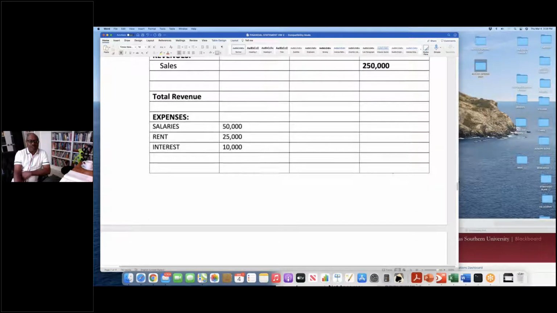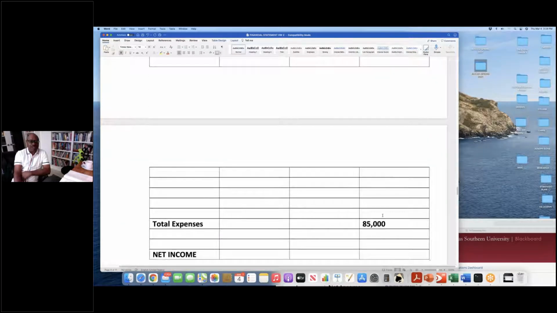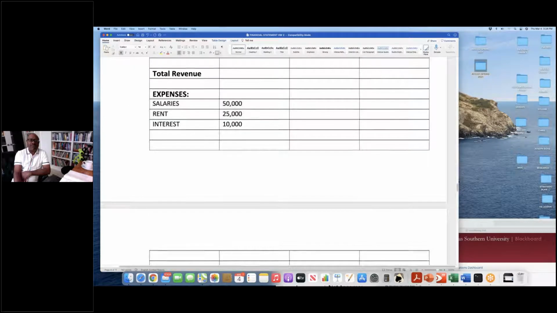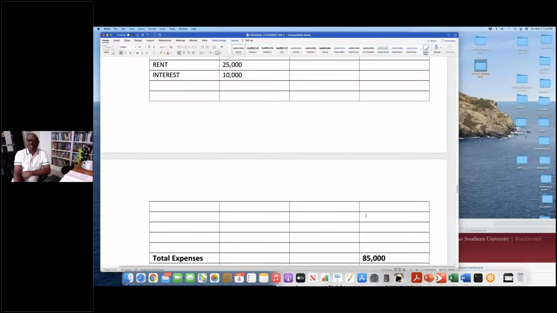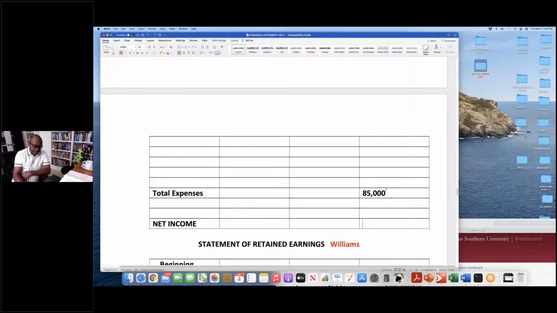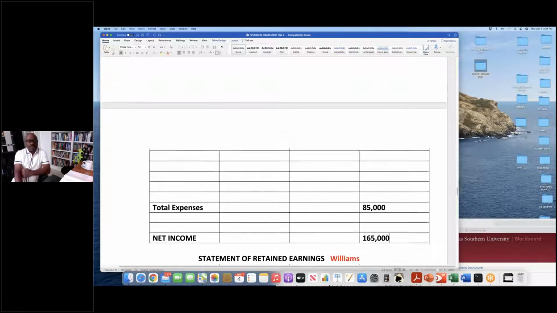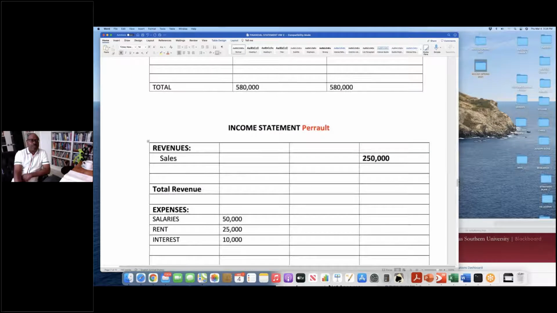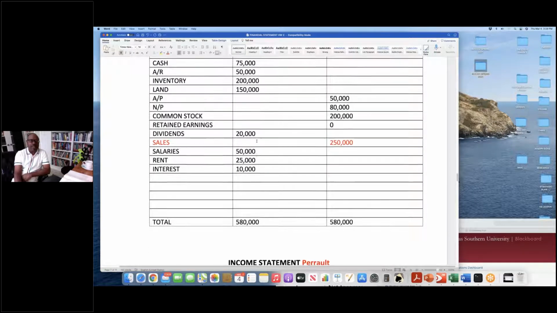So sales is 250, expenses are 85. So what's your net income? 165. So all we did was come to the bottom of the statement.